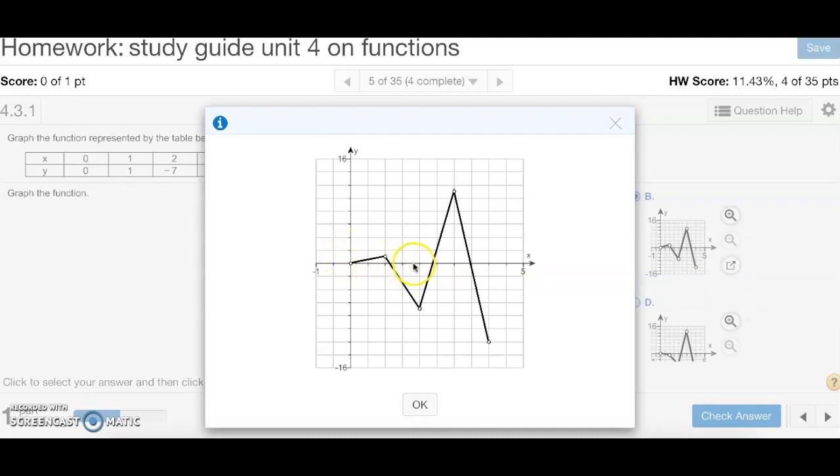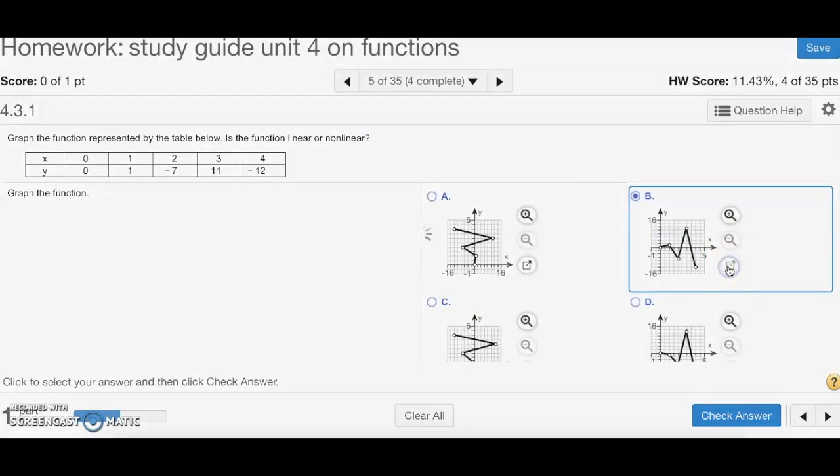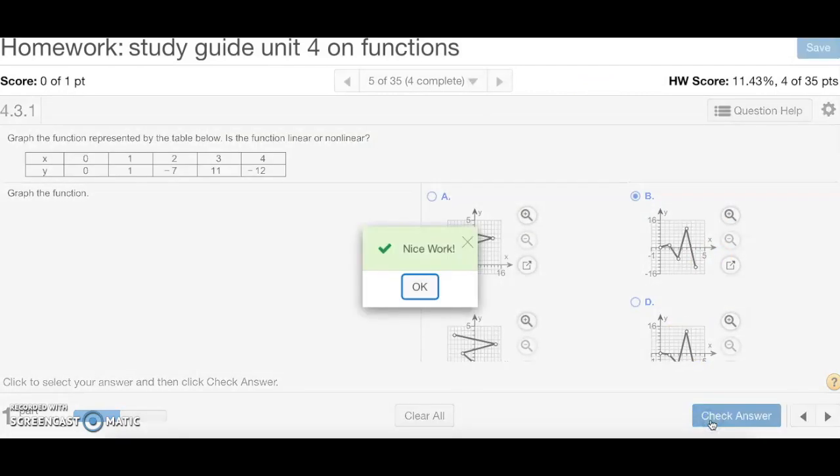So then we have 1, 2. We'd have 2, 4, 6. This would be 7. So then we have 1, 2, 3 going up 2, 4, 6, 8, 10, 11, which does go with our point, so it looks like it could very well be B. So let's try it. It is B.